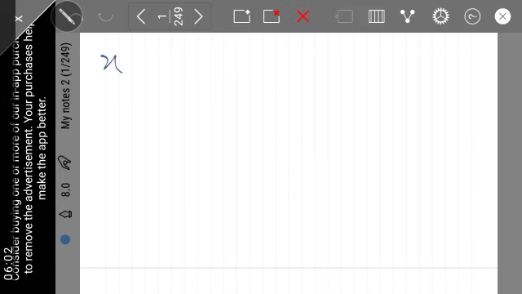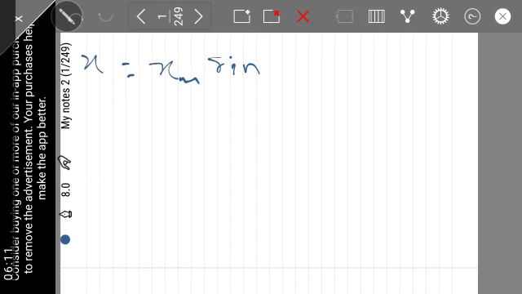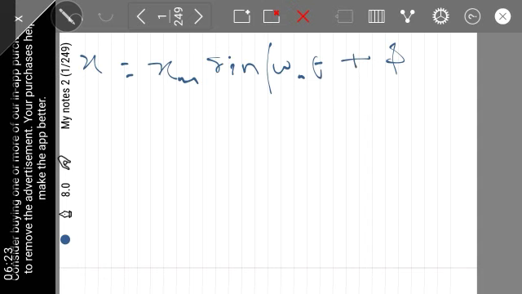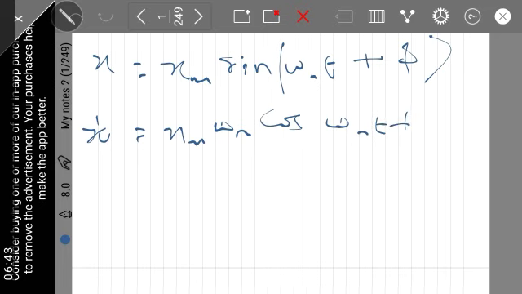x we can write in simple harmonic motion to be xm sine of omega n t plus phi. Then if we want to obtain the velocity, which is x dot, we differentiate this once. So we will have xm omega n cos of omega n t plus phi.